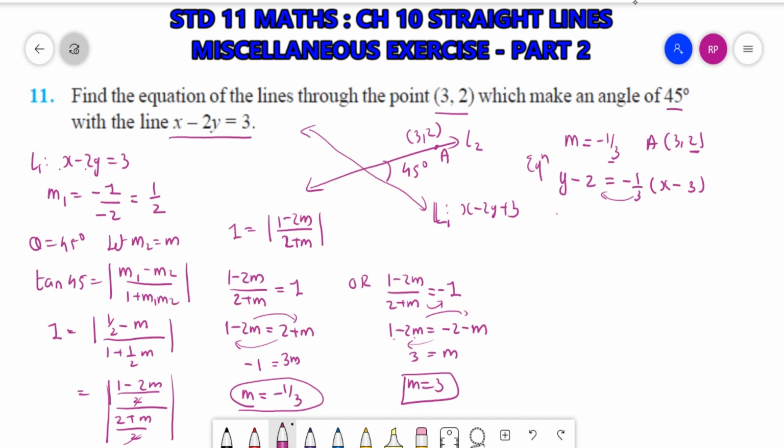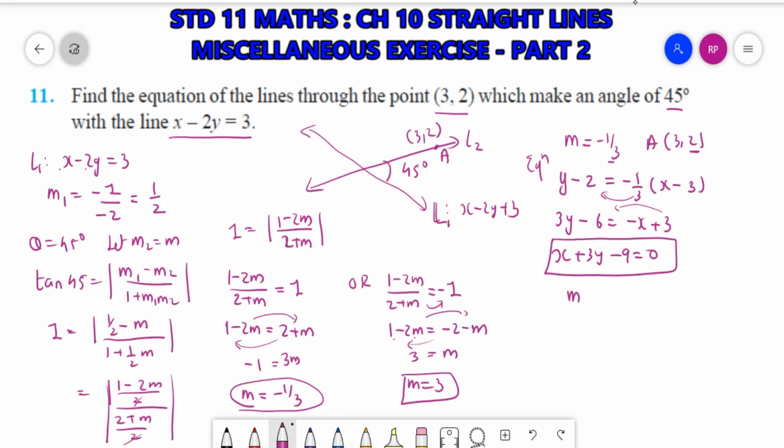Let's multiply by 3: 3y minus 6 equals minus 1 into (x minus 3). Taking everything on one side, x plus 3y minus 6 minus 3, that is minus 9, equal to 0. The required equation, the first one, is x plus 3y minus 9 equal to 0.